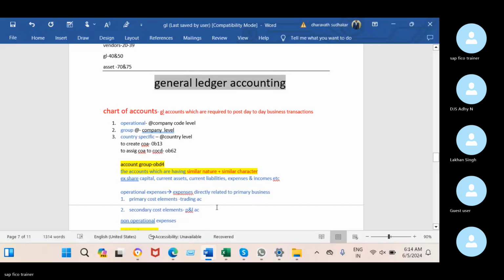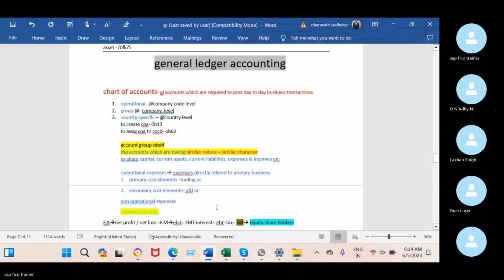Here we are having two types of expenses: operational expenses and non-operational expenses. Operational expenses are nothing but the expenses which are directly related to the primary business of the organization, as specified in the certificate of incorporation, memorandum of association, and articles of association.